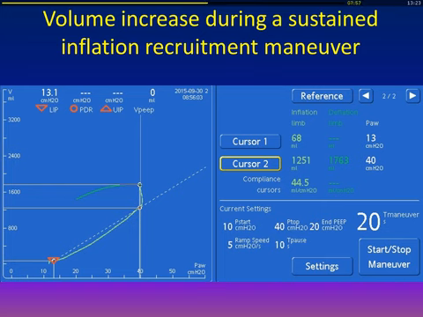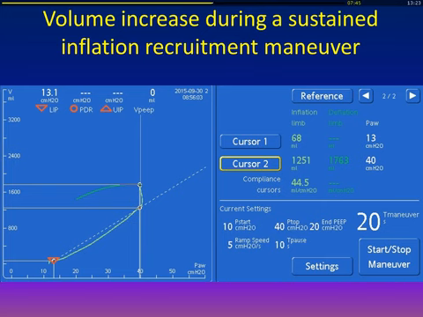So now you may see that after the recruitment maneuver, the compliance of the lung increased dramatically because we reopened the collapsed lung, and the SpO2 increased, so now FiO2 is decreasing.